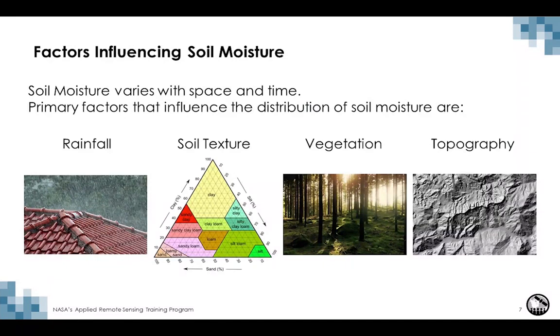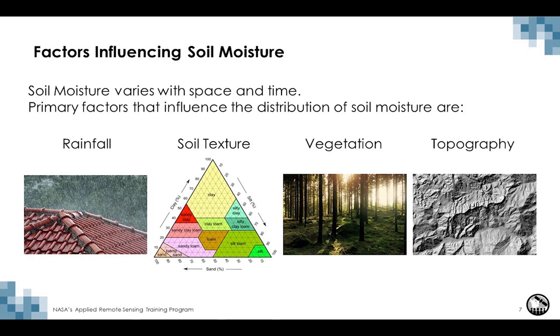So soil moisture varies with space and time, and there are several factors that influence the amount of water in the soil. The primary driver of soil moisture is rainfall. Soil texture also influences how long water is retained in the soil. So for example, sandy soils are more porous than silty soils, and hence sandy soils tend to hold less water than silty soils.